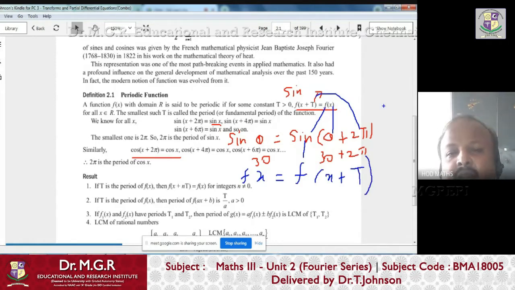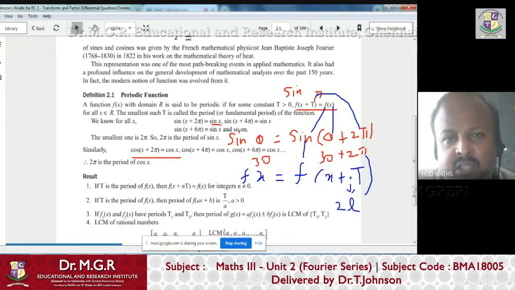But in Fourier series, in general, they follow the periodic length as 2l, where l is half of the length and 2l is the total length. In place of T, they usually use 2l in Fourier series. Even in your reference book by Veerarajan they put 2l.